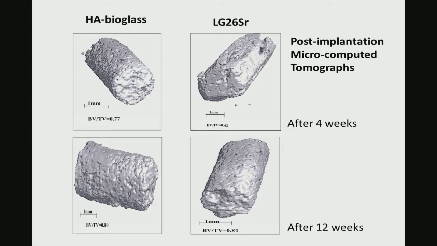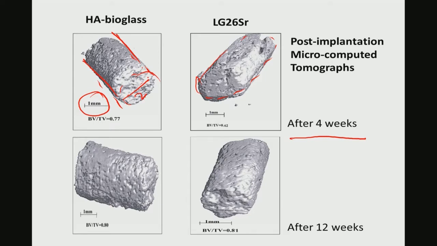You can use microCT directly on the explant. After 4 weeks you take the explant and scan it in the microCT, and this is the 3D image you get. You started with cylindrical samples, 2 millimeter in diameter and around 4 to 5 millimeter in length, as shown by the length scale here.